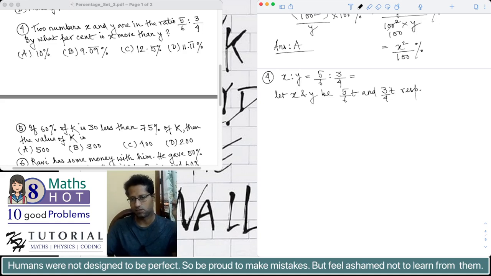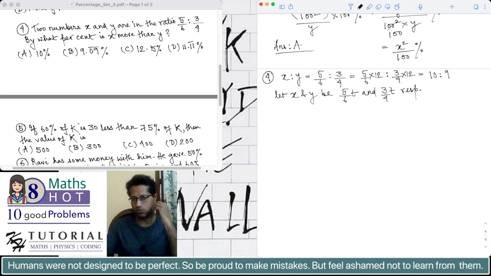The LCM of 6 and 4 is 12. So 5 by 6 is to 3 by 4 is equal to 5 by 6 multiplied by 12 is to 3 by 4 multiplied by 12, which is equal to 10 is to 9.